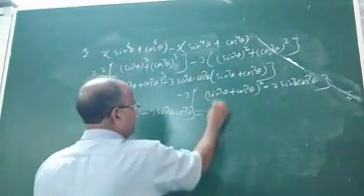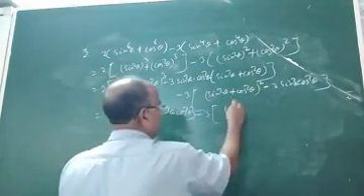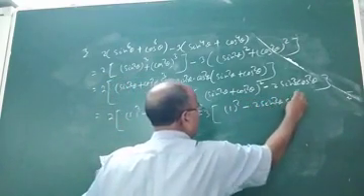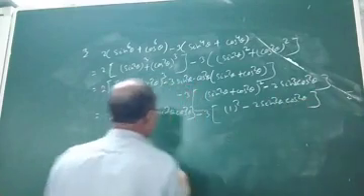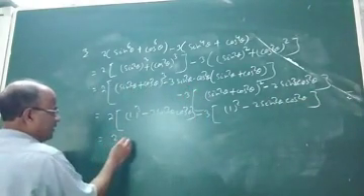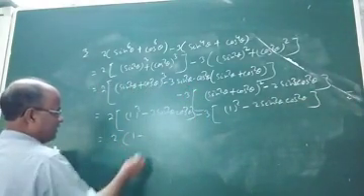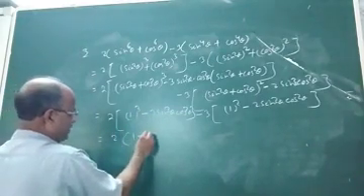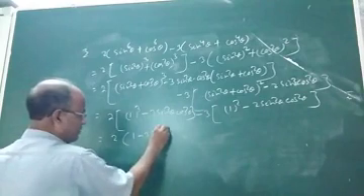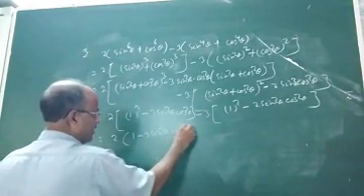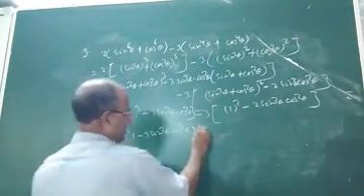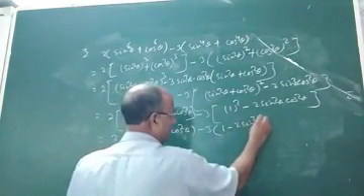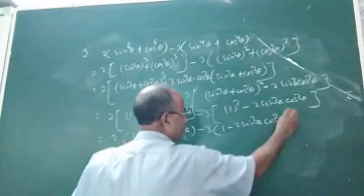Again minus 3, this is 1 square minus 2 sin^2 theta cos^2 theta. So this will be 2 into (1 minus 3 sin^2 theta cos^2 theta) minus 3 into (1 minus 2 sin^2 theta cos^2 theta).